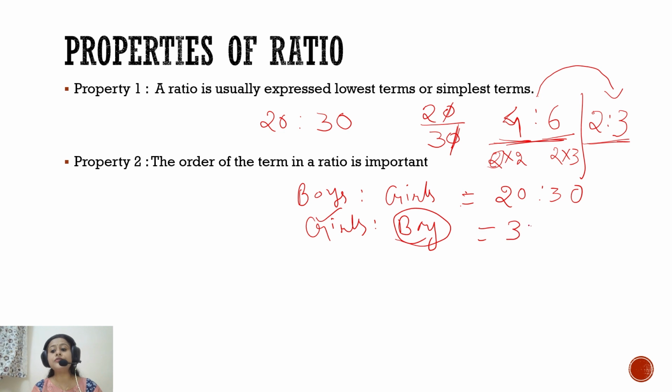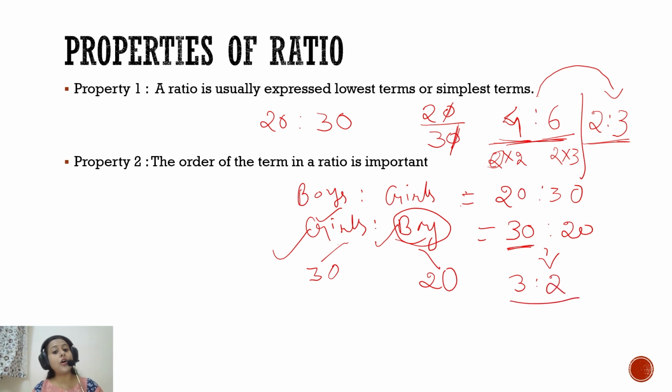Now your ratio will be 30:20, because the number of girls is 30 and the number of boys is 20. It will be reversed when you take the reverse ratio. When you change the order of these two quantities, your ratio changes too. Now your ratio is 30:20, which is simplified into 3:2, right? So order is very important.